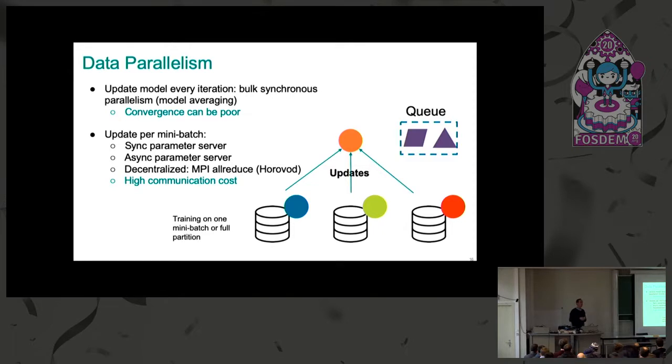Whenever a worker is done, it sends results up. Or you could do it in a kind of decentralized way. So if you took the orange master out of the picture here, then you end up with a kind of MPI all reduce approach, right? And these have different pros and cons. Some of them work well. They do suffer from a high communication cost.